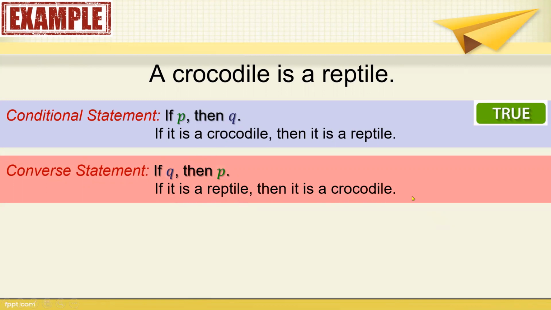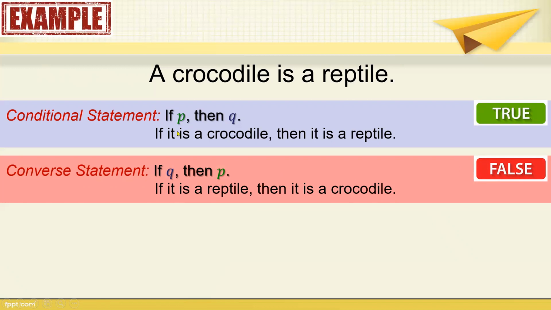So, dito i-analyze nyo mabuti ha. Kapag reptile siya, crocodile ba siya? So, dito magpo-false siya kasi hindi lang naman crocodile ang reptile. Diba? Meron ka pang snake, alligators, turtle, frogs. So, dito magpo-false siya. Ulit, nag-false siya dito kasi hindi lang naman ang crocodile ang reptile.